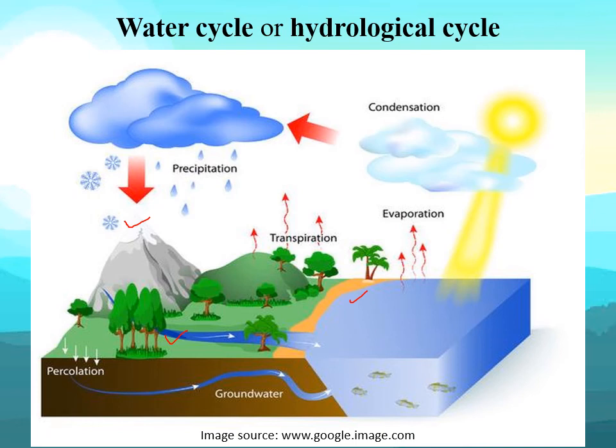In this way, the elements are also changing form from one to another and circulating in the environment. And this elemental change in the environment is guided by the exchange of energy by the water molecule.